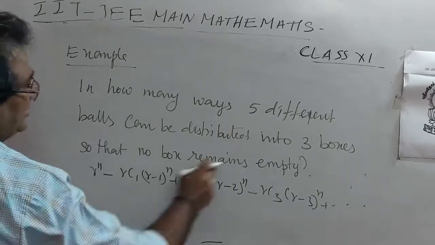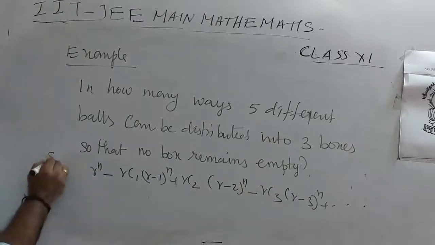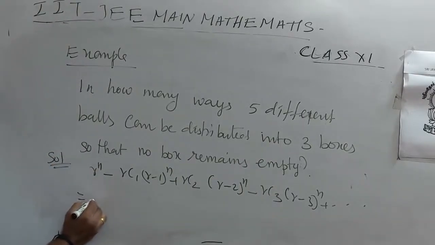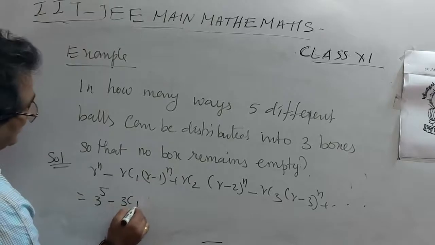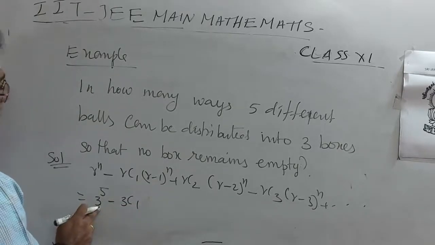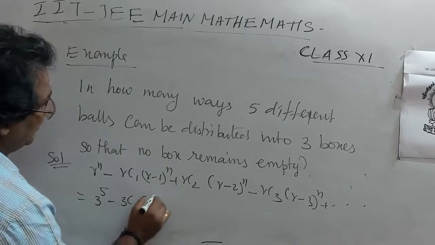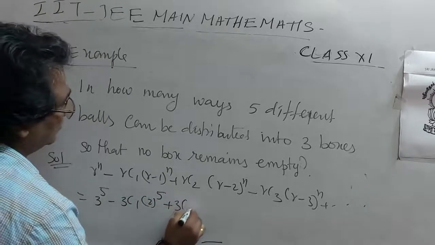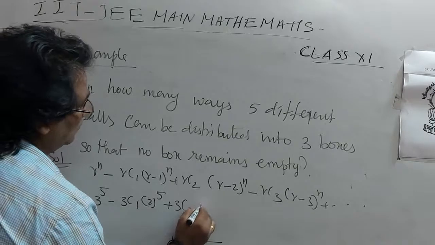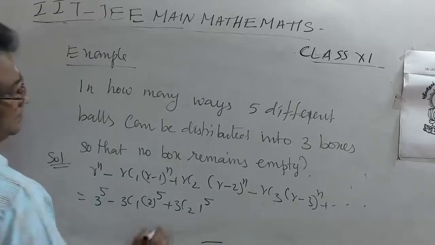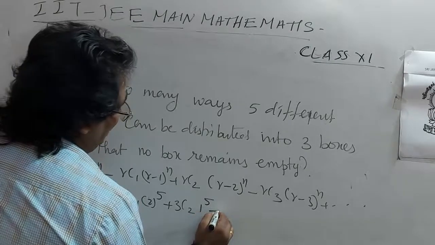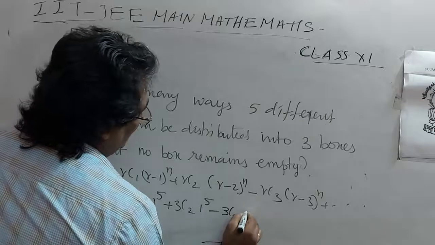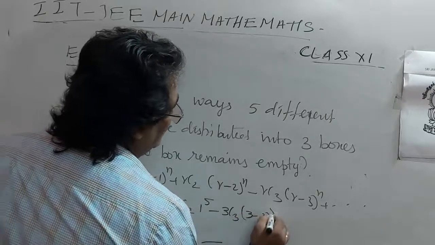In this case, r means 3, n means 5: 3 power 5 minus 3C1 into 2 power 5 plus 3C2 into 1 power 5 minus 3C3 into 0 power 5.